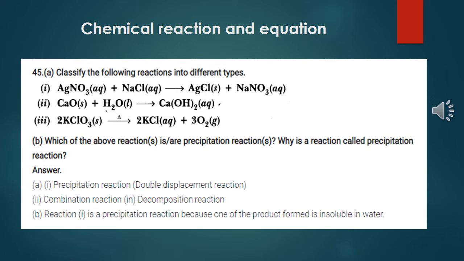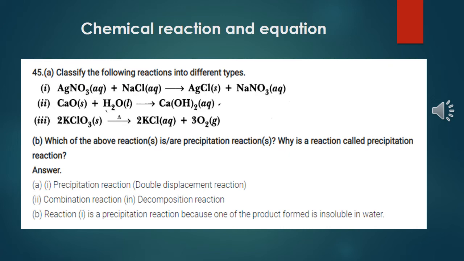Both compounds have exchanged their ions. So it is displacement, but displacement takes place two times, so it is a double displacement reaction. And we know that a double displacement reaction always forms a precipitate, which is an insoluble substance. So this reaction can also be called a precipitation reaction.